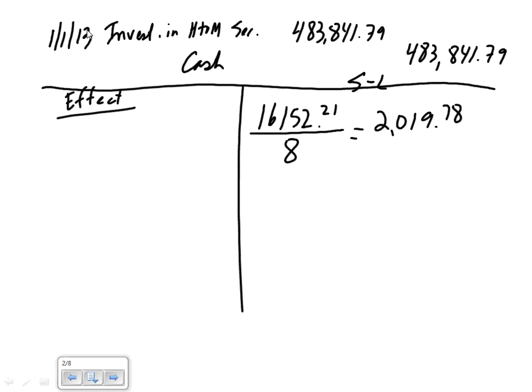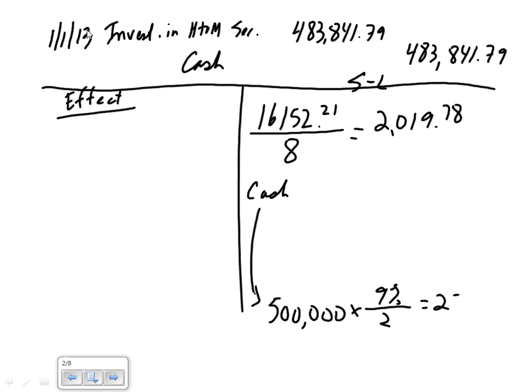Remember, we also have to figure out the coupon amount. We're going to receive cash each period, and that cash is going to be $500,000 multiplied by the stated rate, 9%, divided by 2 because it's semi-annual, $22,500. And so that's my coupon payment.